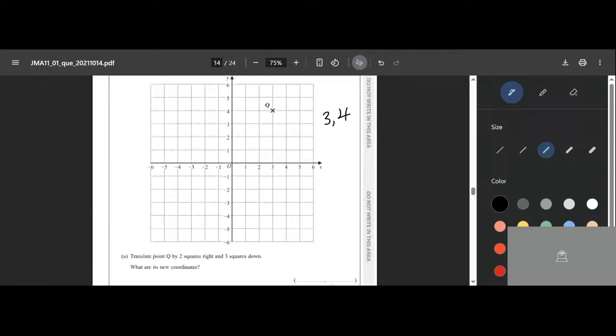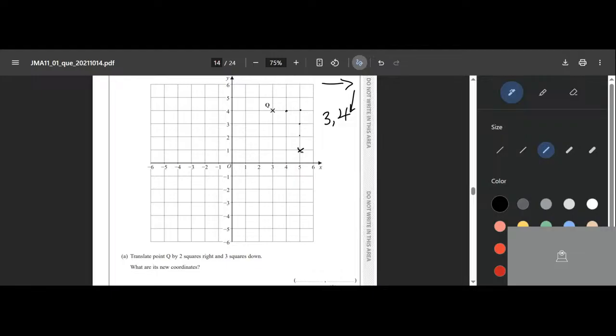I'm told to translate point Q by 2 squares to the right. The right is this side. Then we have to go 2 squares to the right, so it is 1, 2. Then 3 squares down, 1, 2, 3. So it is supposed to be here.